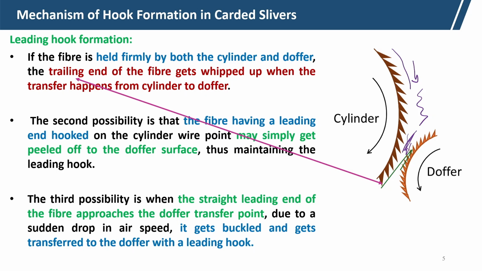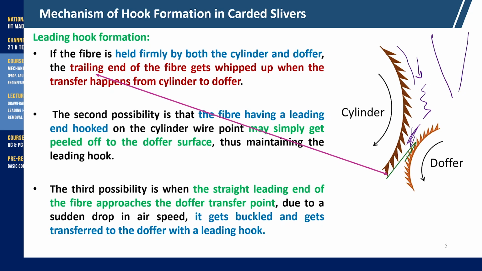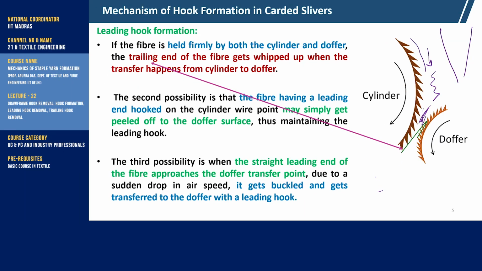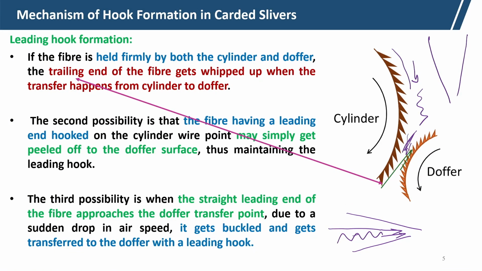The opposite thing happens in rotor spinning, which we will discuss later. In rotor spinning, due to the conical shape, the buckled fiber gets straightened because the air stream speed increases, which takes the leading part at higher speed and the trailing part at lower speed.